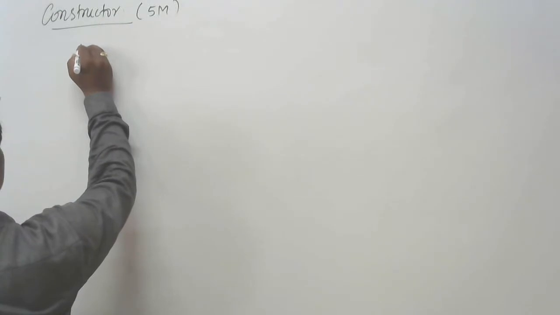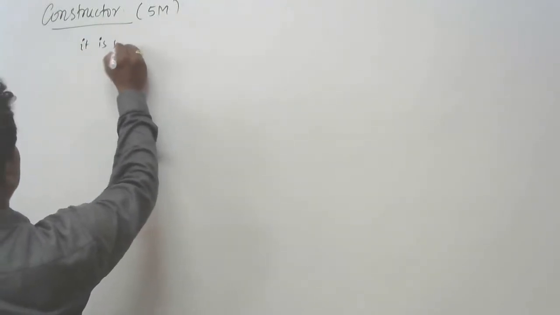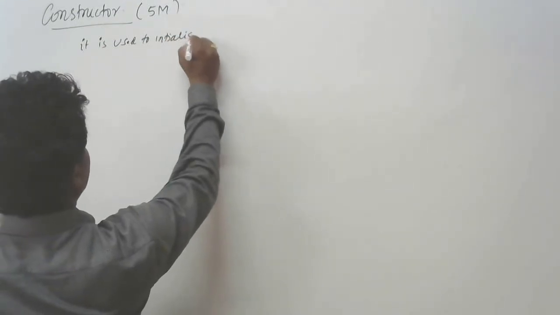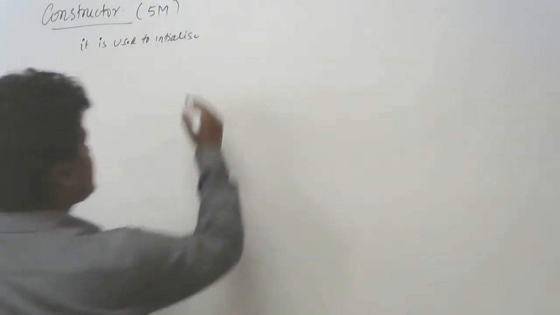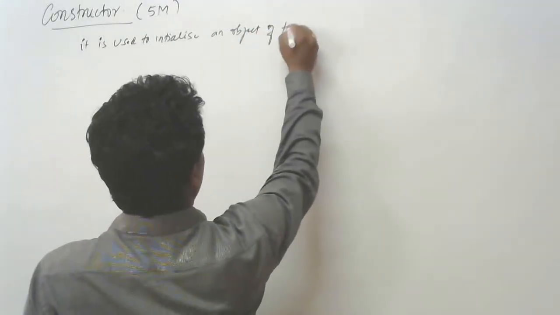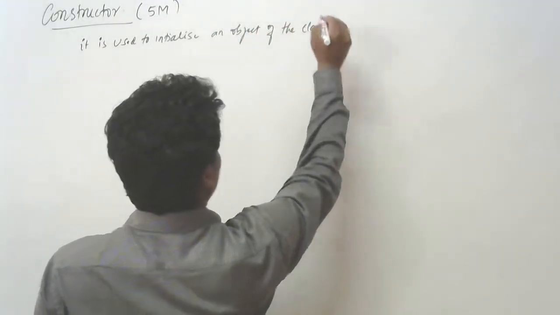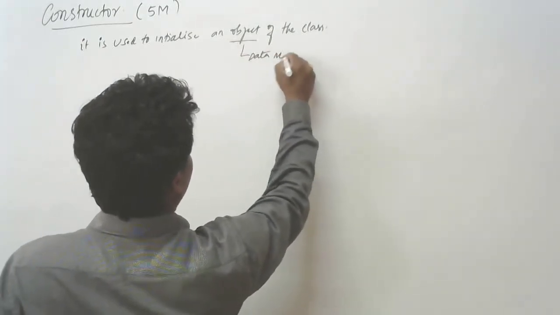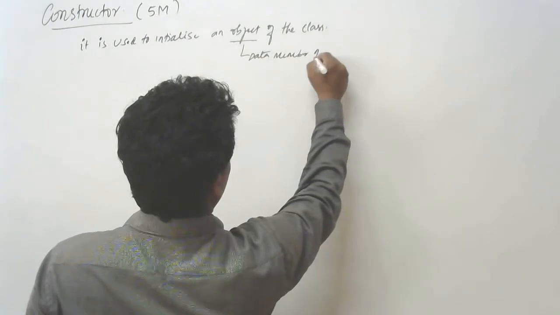Constructor is used to initialize an object of the class. Object means the data members of the class.